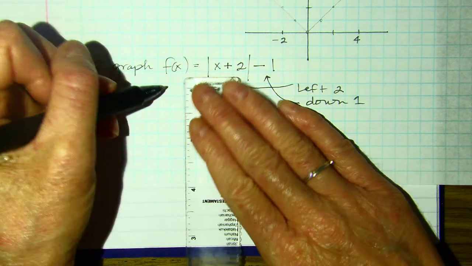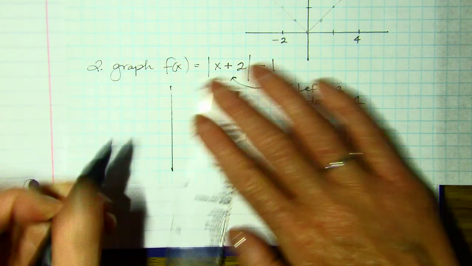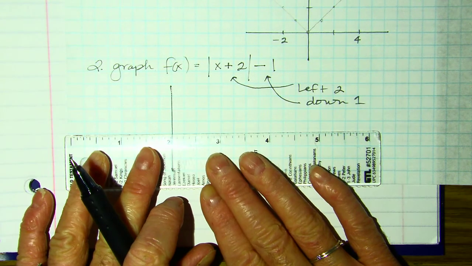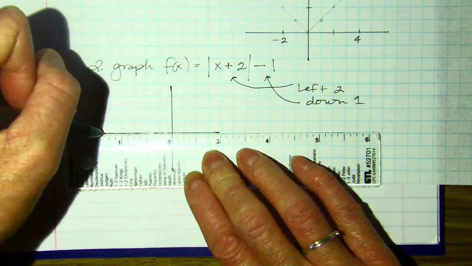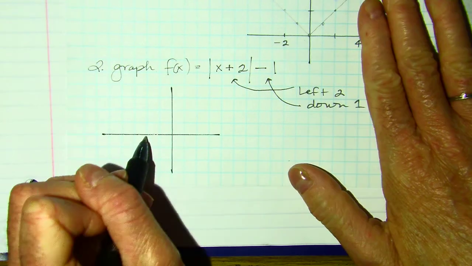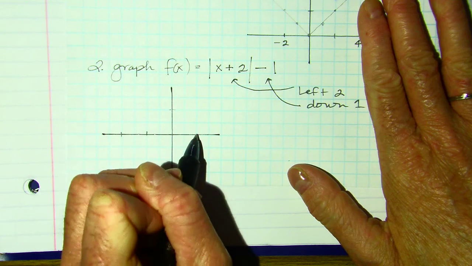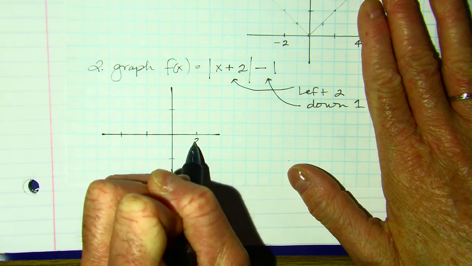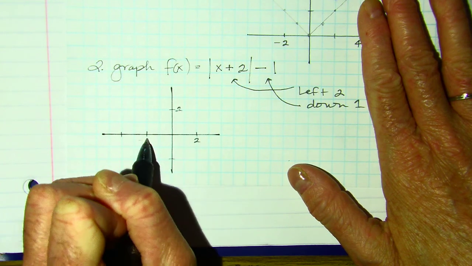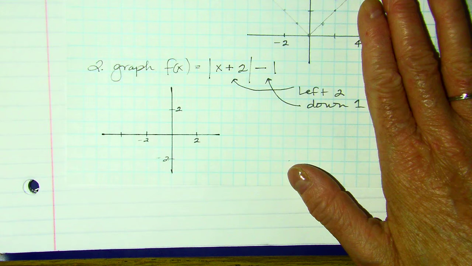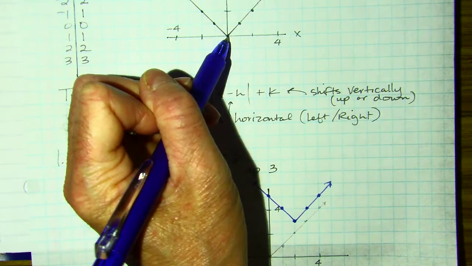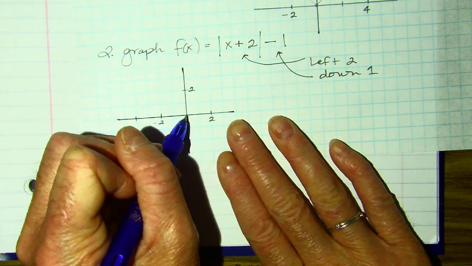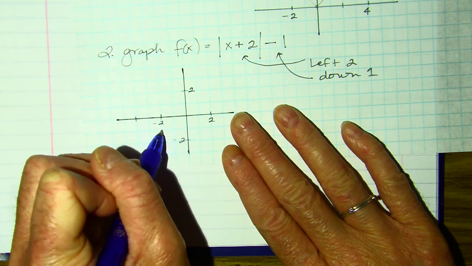All right, so if I was to graph this, I'm going to go over kind of an easier way to graph this. If I know the shape is a V, so I'm picturing my original should be at 0, 0, right? The original point should be at 0, 0. I'm going to go to the left 2, down 1.